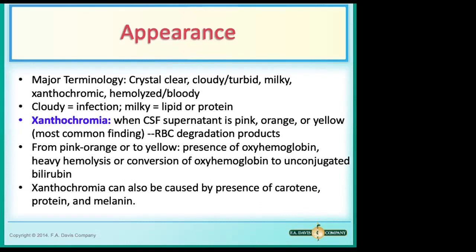If you see different colors, for example from pink to orange or pink to yellow, that can mean the presence of oxyhemoglobin or heme, or conversion of oxyhemoglobin to unconjugated bilirubin. So looking at the color is going to be very, very important.